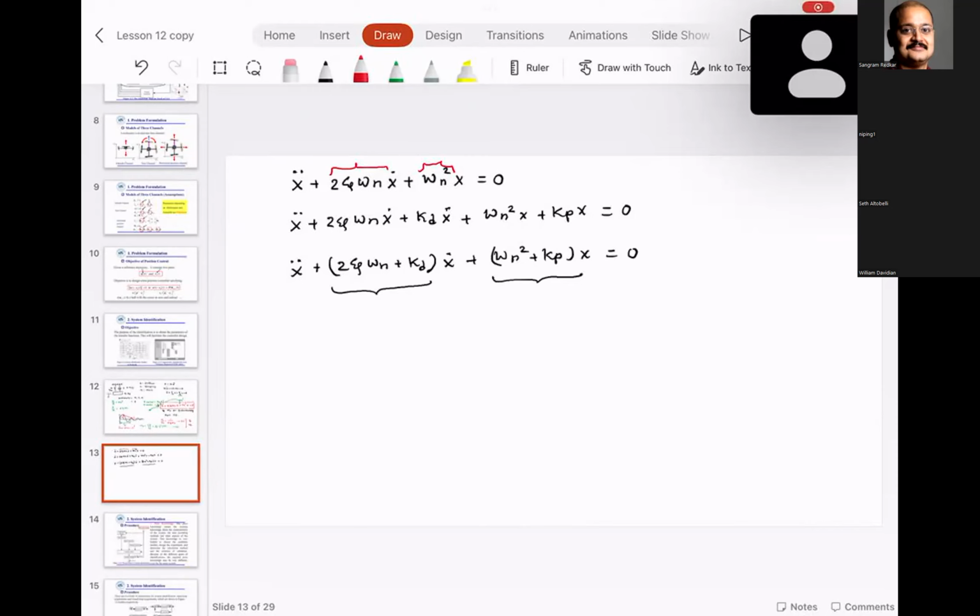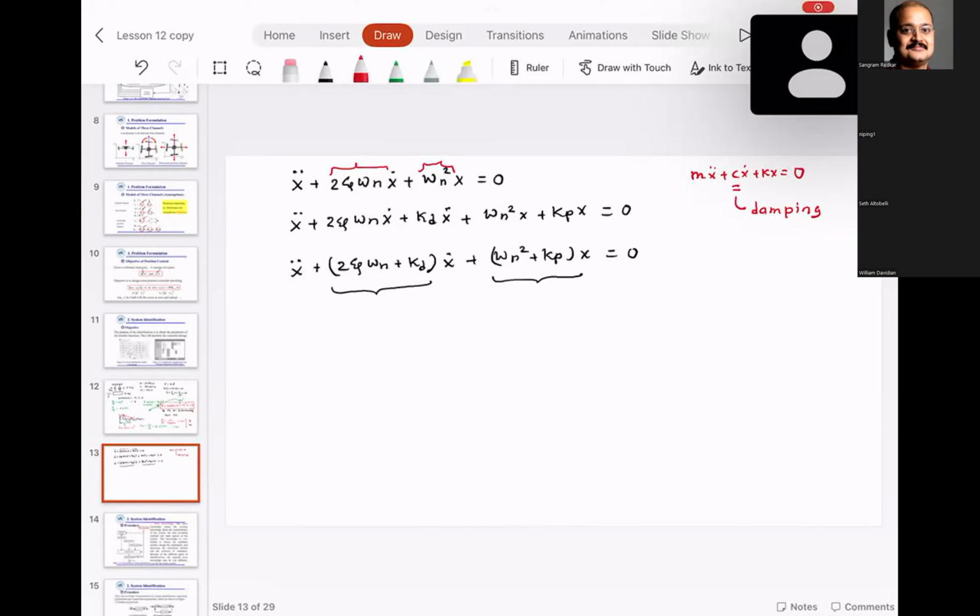I don't know if you, so the initial equation was something like this: m x double dot plus c x dot plus k x is equal to 0, where c is damping. Do you agree with me that by adding Kd, the effective damping of the system went up, which means the system sort of stabilized?